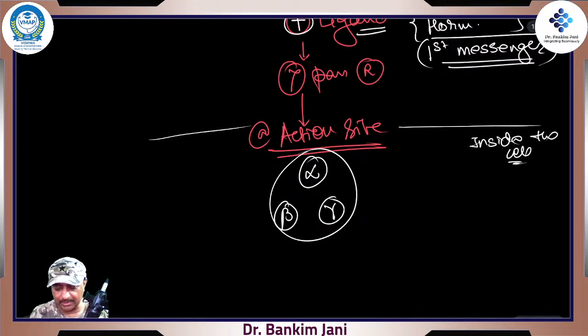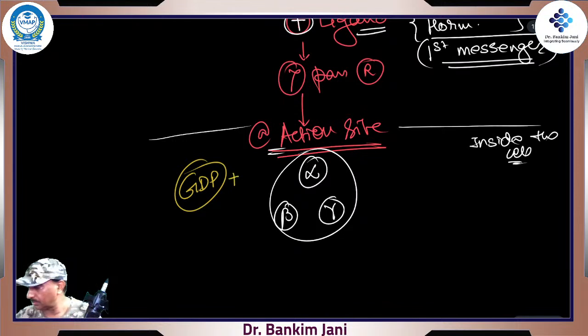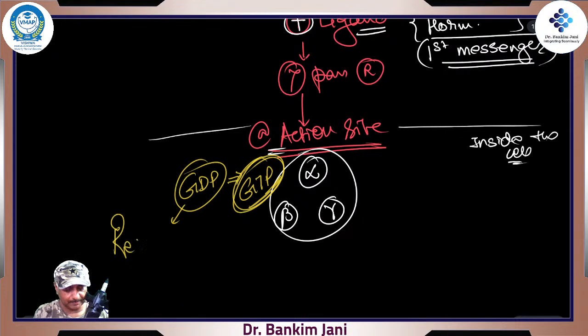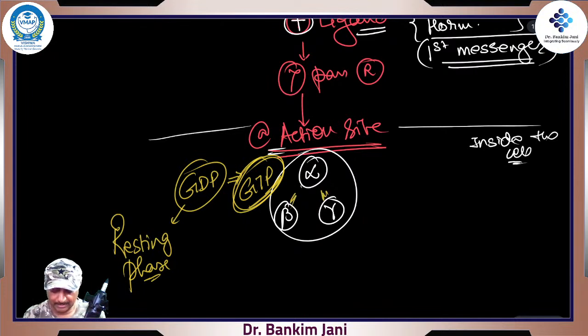Due to this stimulation from the outside, it gets that extra phosphate, and now the GDP is now the GTP, the triphosphate. So this GDP was the resting phase. It was the resting phase when it had very good relations with these three friends.